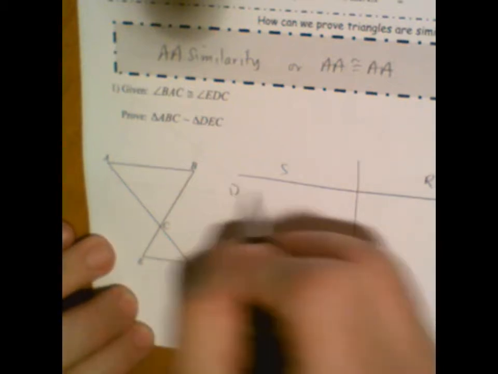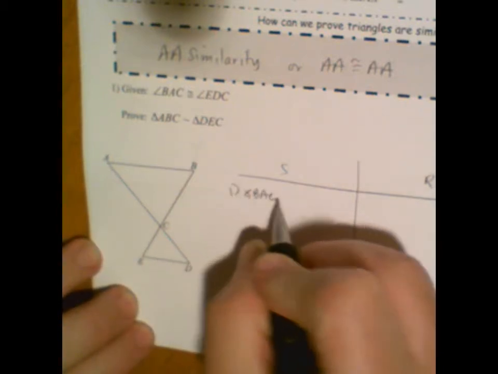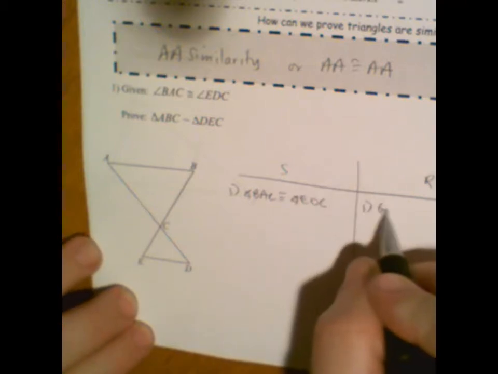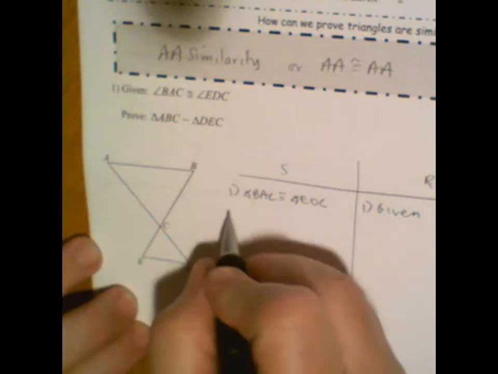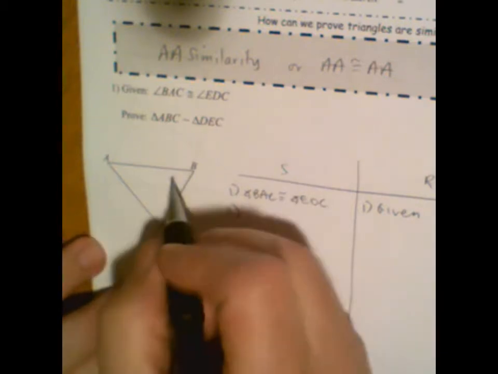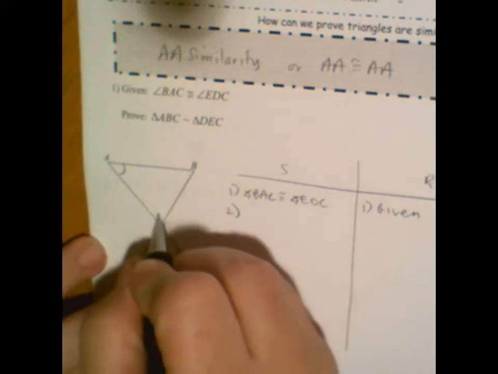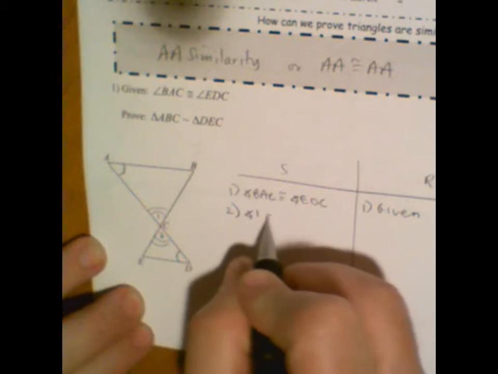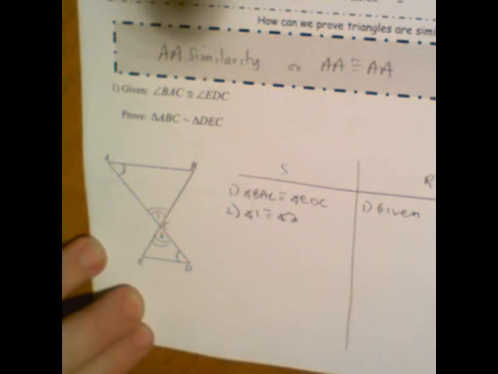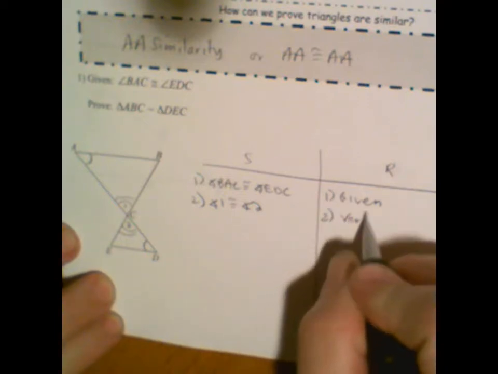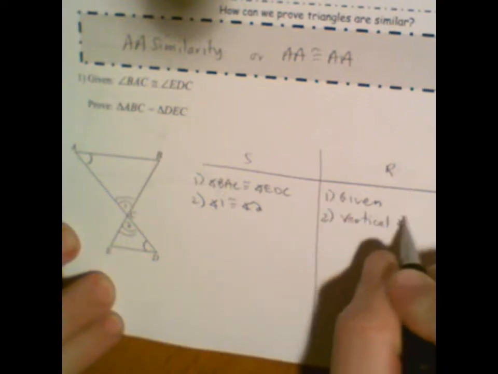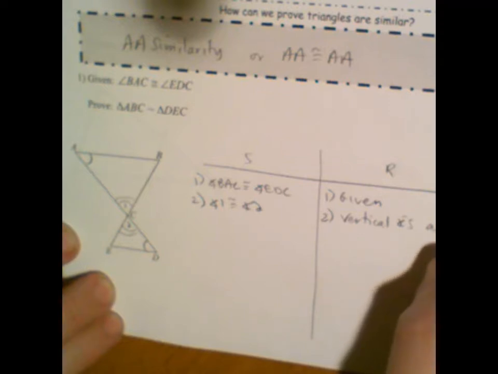we write the givens. Angle BAC is congruent to angle EDC, given. BAC, EDC. And then I could say angle 1 is congruent to angle 2 because vertical angles are congruent.